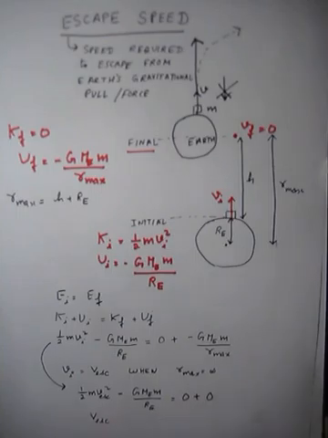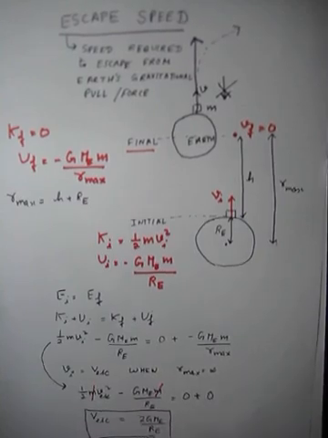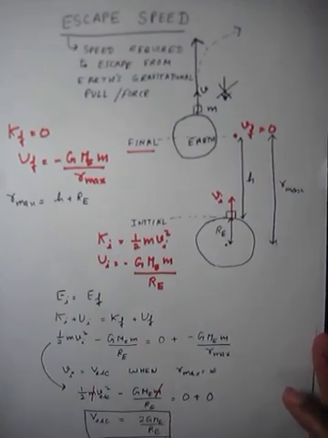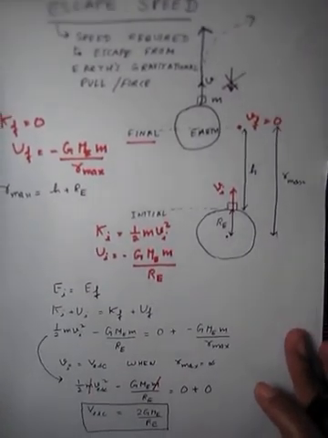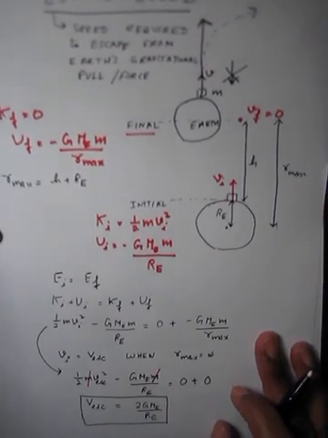So the escape speed will be, now small m can cancel with small m, the square root of 2 G mass of Earth divided by the radius of Earth. This is the minimum speed an object needs to escape the gravitational pull of Earth.